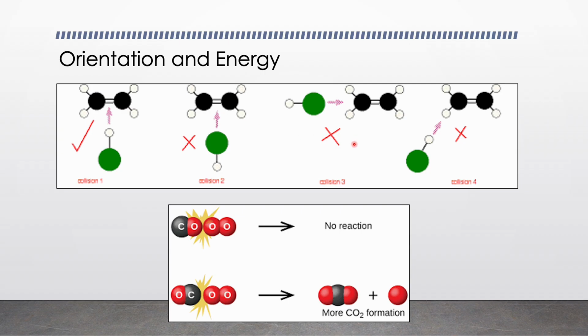In this third example, again, your collision is occurring here. That's the correct and incorrect orientation. Again, it has to be the little white atom hitting the bond. Here you have the white atom colliding with another white atom. That's not going to happen. So these last three represent incorrect orientation, incorrect spots where they collide.